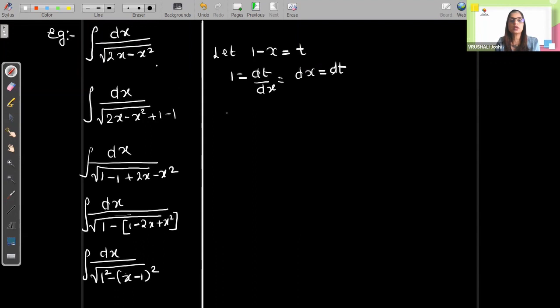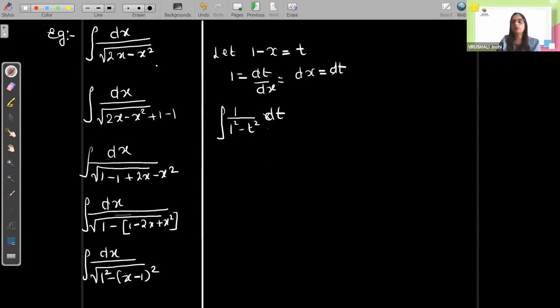Now use the substitution here. You have integration of dx by root of 1 square minus t square. In place of dx, you can directly write dt, because dx is equal to dt, same value.